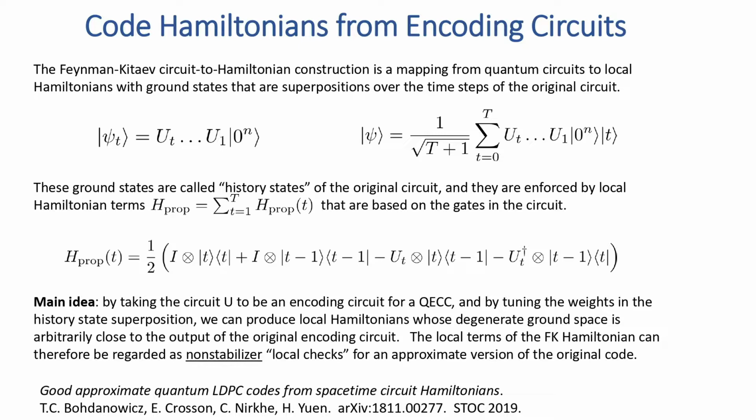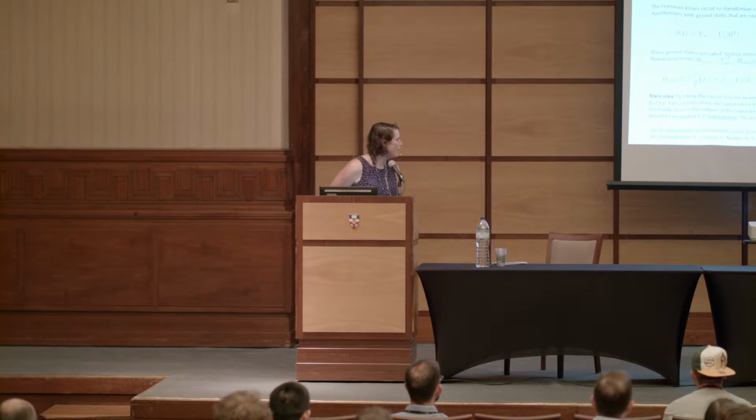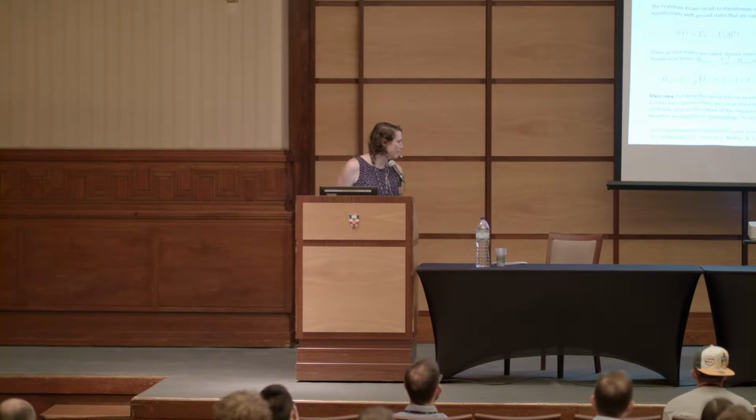That means that the output of this circuit is the code space, over some subspace of inputs, and so using this encoding circuit in this history state, we can actually make the history state arbitrarily close to the code words of the original encoding circuit, so then these propagation terms will be our code checks to enforce that ground space.